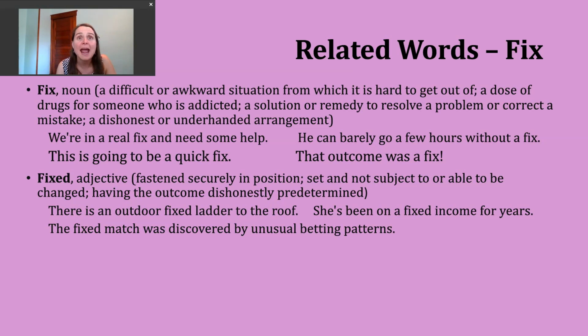The fixed match was discovered by unusual betting patterns. You still will read charges of this occurring in various sports, professional and amateur, sometimes. But again, that idea of there's been an arrangement, an agreement, and much of the time that's all going to come back to money.